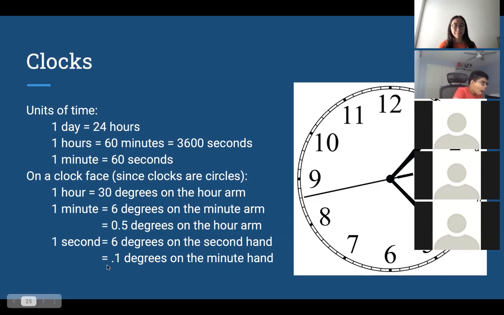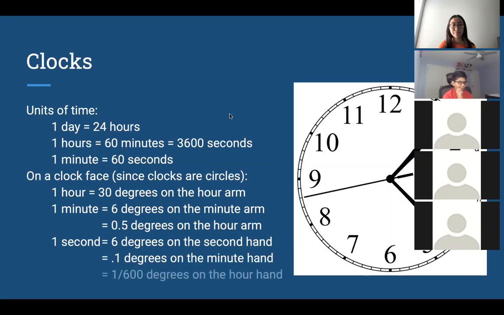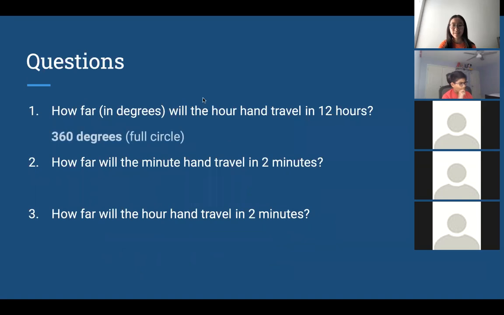Just write it down really quick: 1 second equals 0.1 degrees on the minute hand. Okay, you know what, we're going to skip that. I don't think that's important. We're not going to use that, whoops.